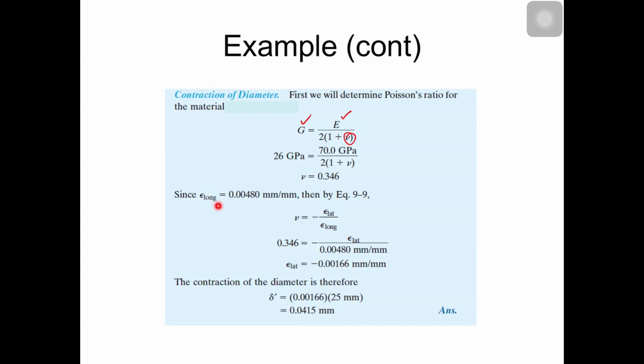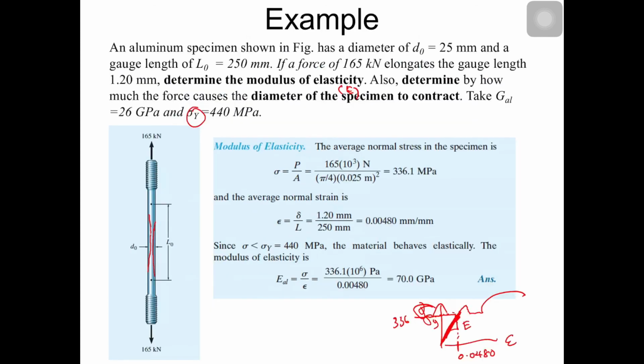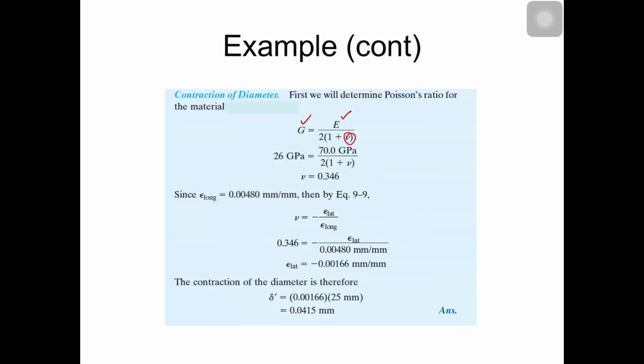Since epsilon longitudinal is 0.0048, we get here 0.48. Why longitudinal? Because it elongates in this direction, the same direction as the force. So this is elongation, this is longitudinal.